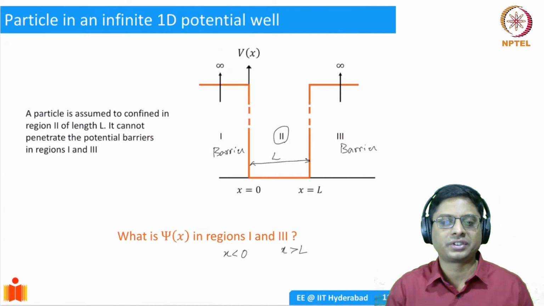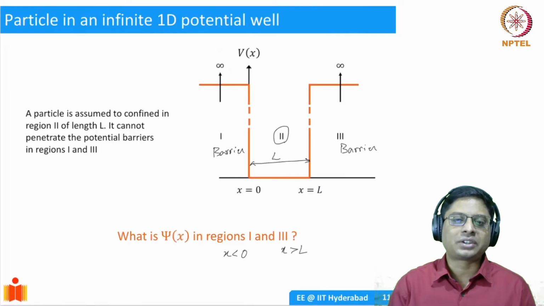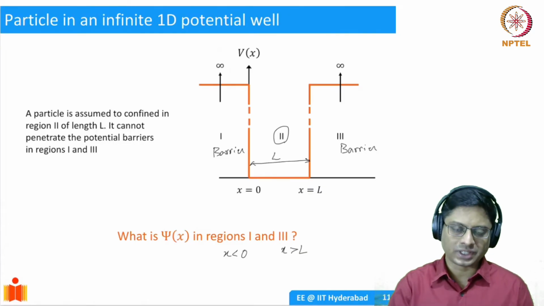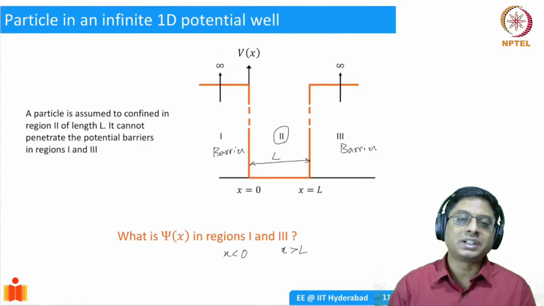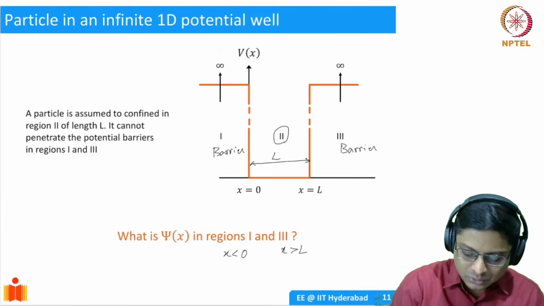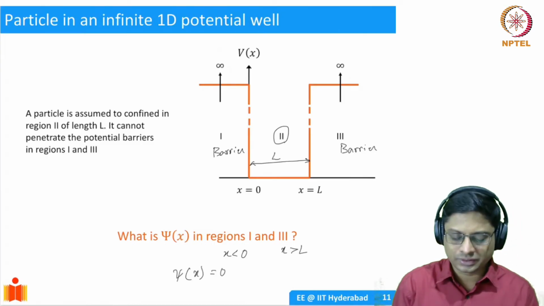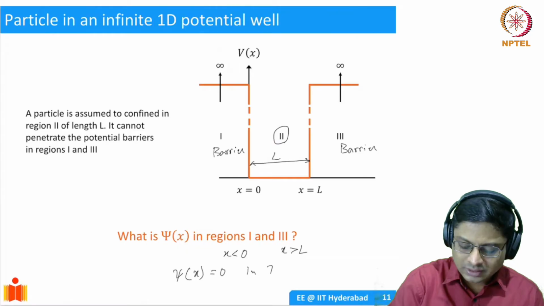Okay. What is the wave function? We are clearly telling you that the electron cannot exist in those regions. Okay? So that means there is no probability of finding an electron in that region. So the wave function has to be 0 in those regions, in 1 and 3. Why?